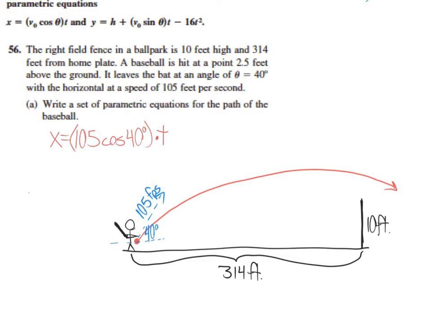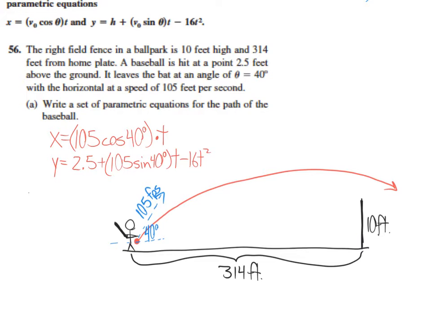And then y would be what? 2.5 plus 105 sine 40 degrees times t, my bad, minus 16t squared.